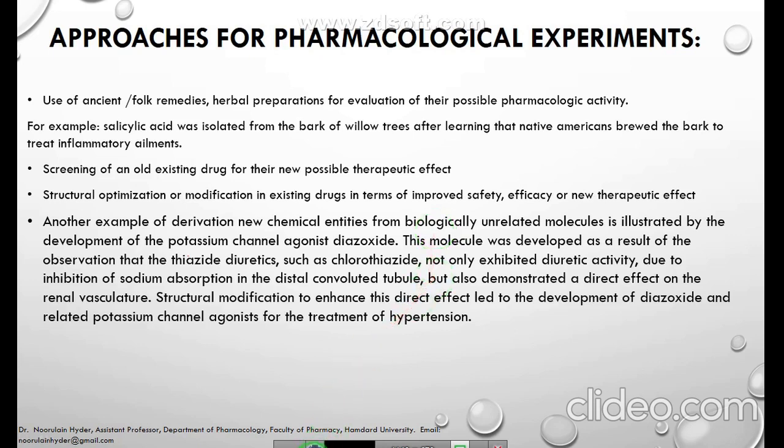It causes diuresis. So the structural modification of this diuretic compound led to the development of diazoxide. Diazoxide is a vasodilator. Both drugs can be given for hypertension.